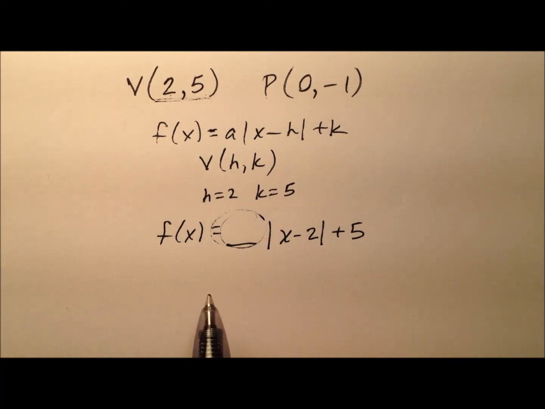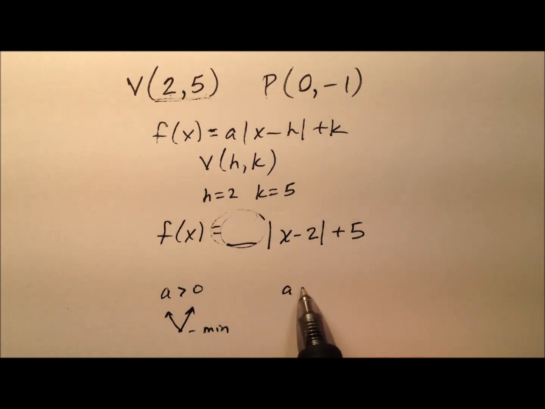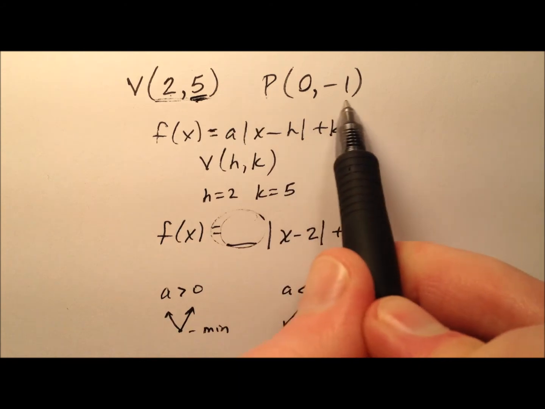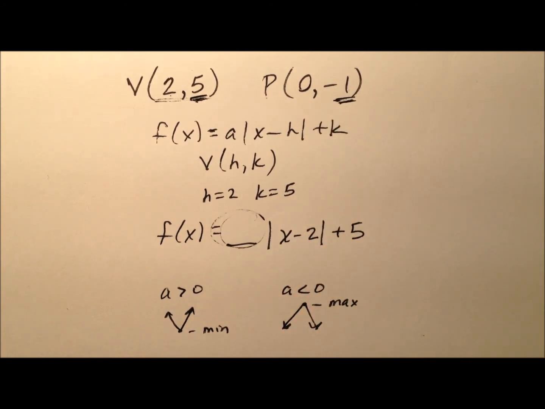In the previous example, we said that a is positive when the graph opens up and the vertex is a minimum. And a is negative when the graph opens down and the vertex is a maximum. So we just need to look at these y values and decide which one's higher than the other.